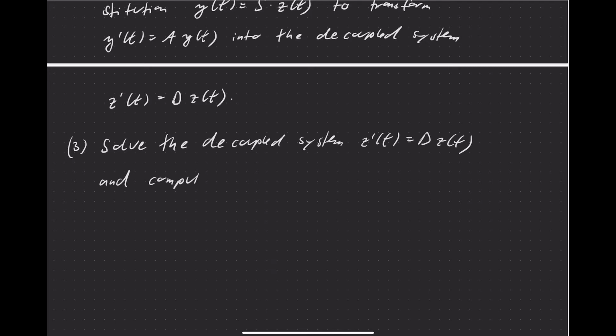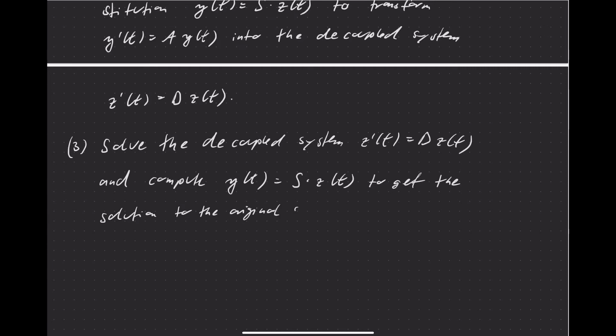So we compute the solution y of t using that substitution. So multiplying the solution for z, what we got, by S, we get the set of solutions to the original system y, to get the solution to the original system.